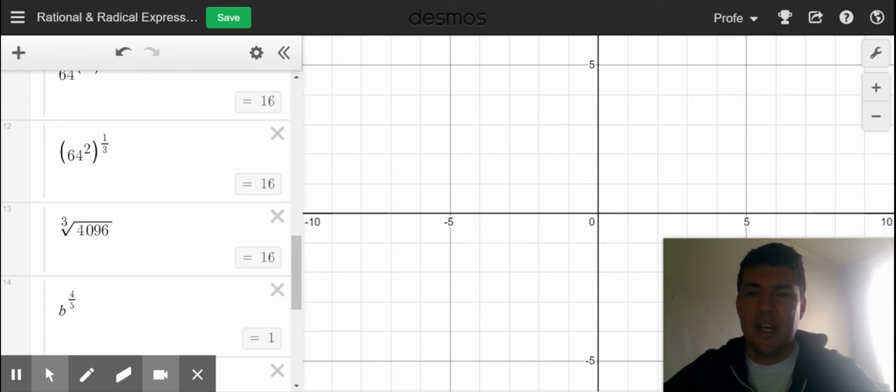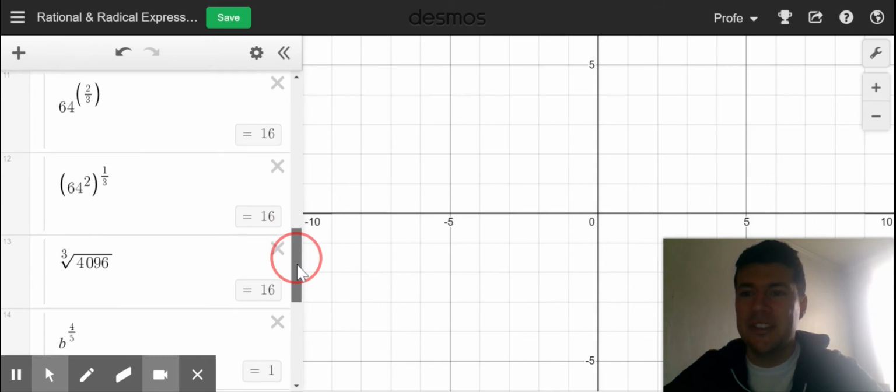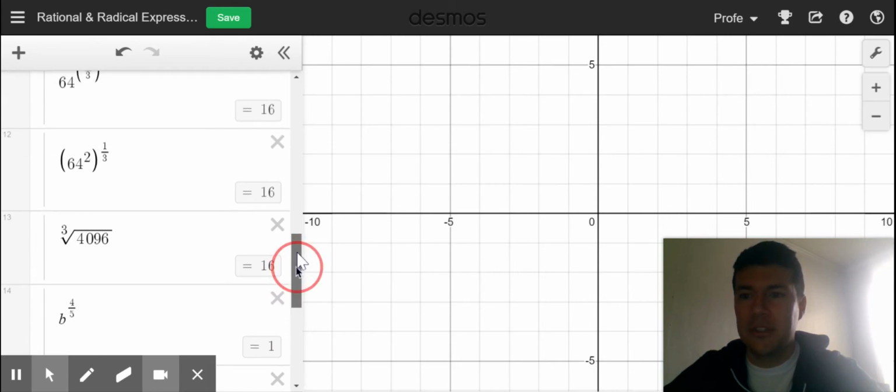What I'm telling you is that voila, you can change the 1/3 power to the cube root. To find cube root, just look under functions here in Desmos. So the cube root of 4,096 is 16. In other words, take a look at how 64 to the 2/3 is the same thing as saying the cube root of 4,096. That's how that works.